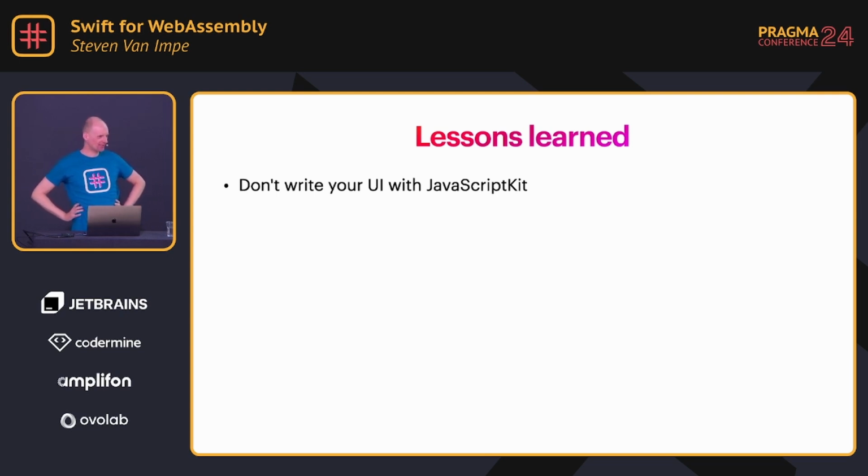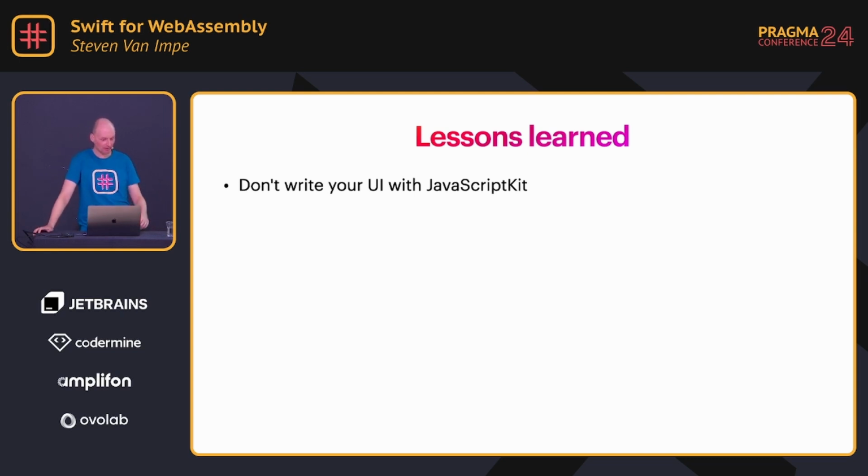The first thing I learned is that in Connect 4, I tried to write my entire UI in JavaScript Kit. Lesson learned, don't do that. JavaScript Kit relies pretty heavily on dynamic member lookup. So if you're writing code in JavaScript Kit, it's like you're just writing JavaScript without the help of your IDE in Swift, with some additional type conversions and so on.